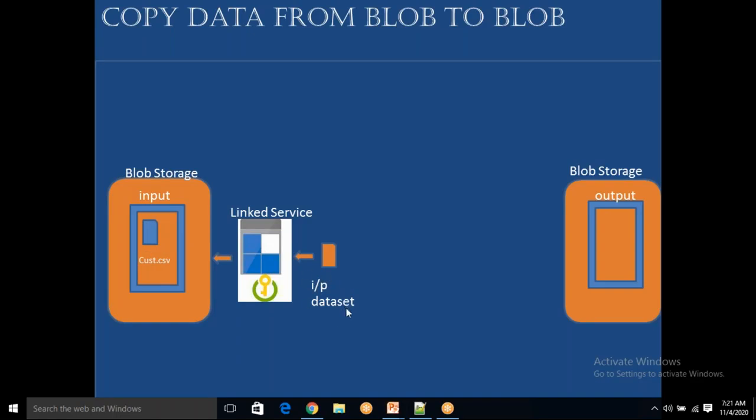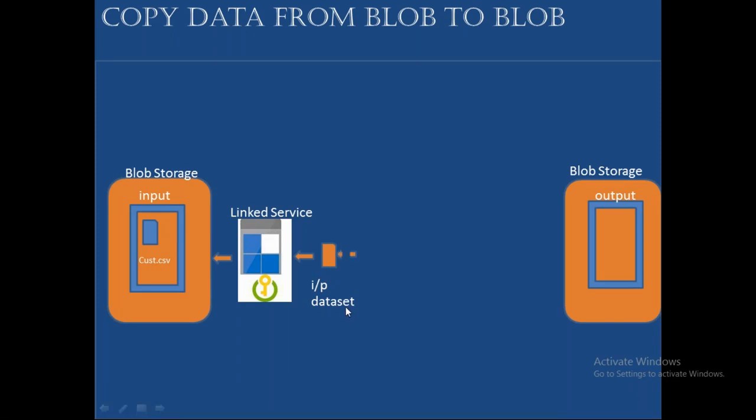Now, I want to copy this data, so you need to use a task called copy activity, which you add to your pipeline. This input data set is referring to the input container. If you have one file in the input container, it will read one file. If you have multiple files, it will read multiple files.